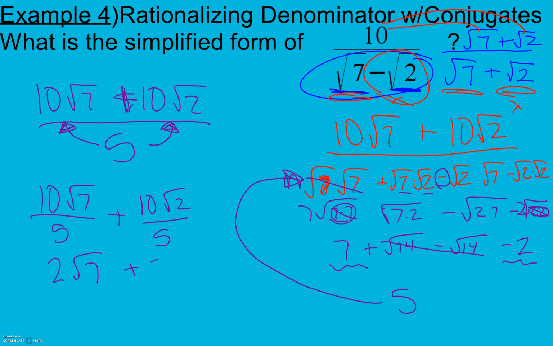And 10 divided by 5 is 2 square roots of 2. And I can't combine that any further because my radicands aren't the same. So the big thing here, guys, the only big difference is that to rationalize this, I need to multiply by its conjugate, top and bottom.